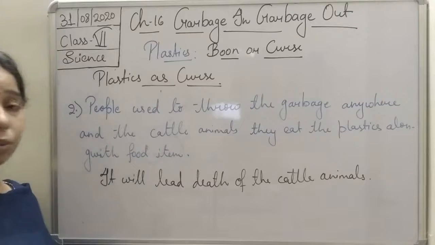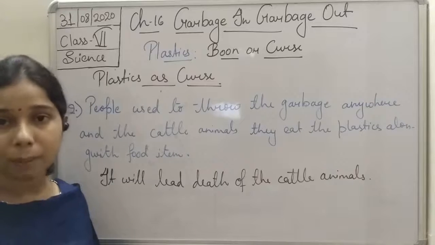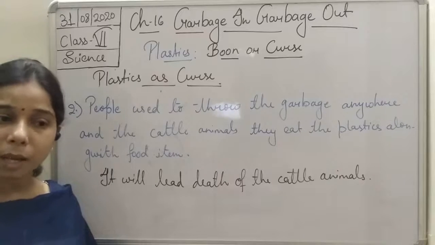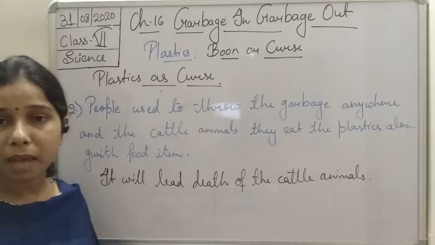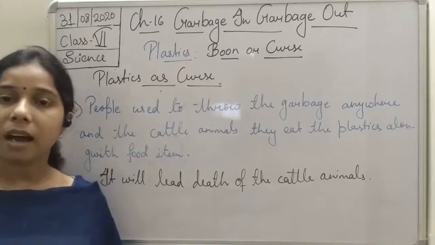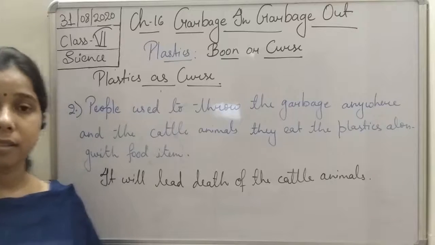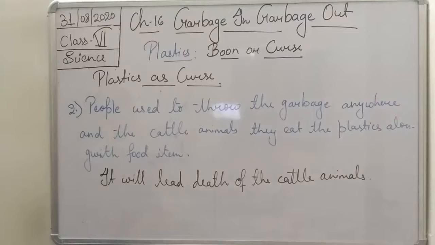Then, students, the third one is when we burn plastics. When a heap of plastic garbage is burnt, it releases harmful gases, and these harmful gases go into the atmosphere and cause air pollution.